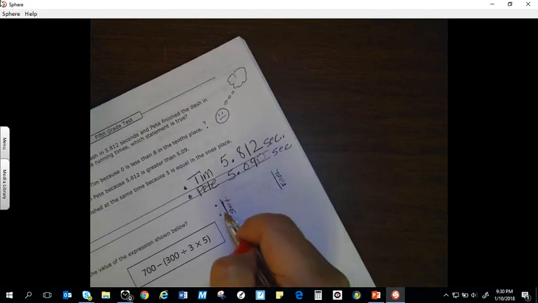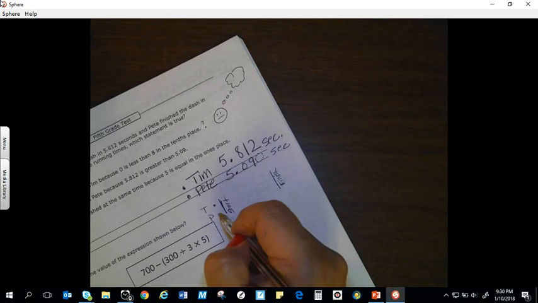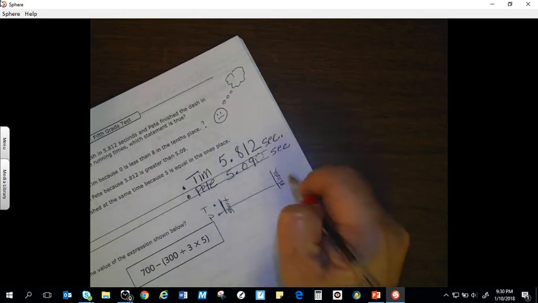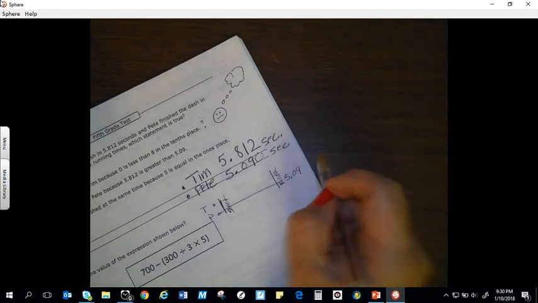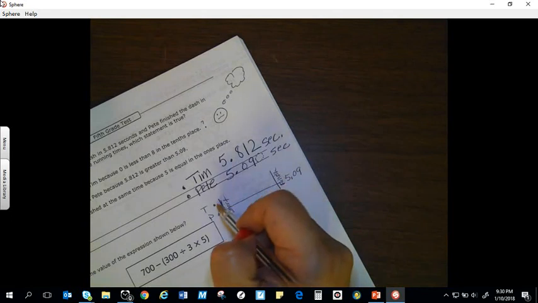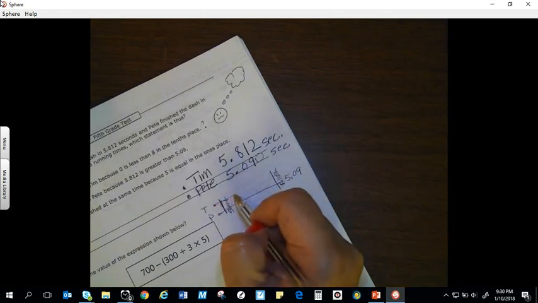I'm going to put finish, and this is Pete, and this is Tim. Pete made it here in 5 and 900 thousandths of a second. And Tim, the clock is still going.